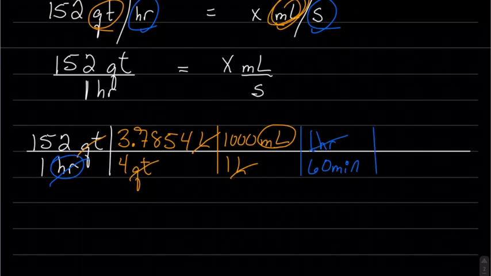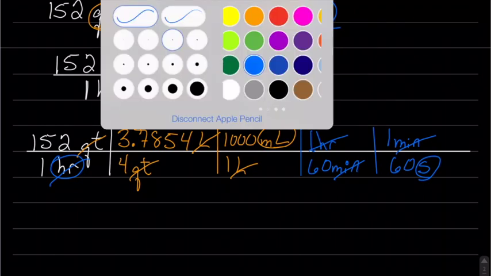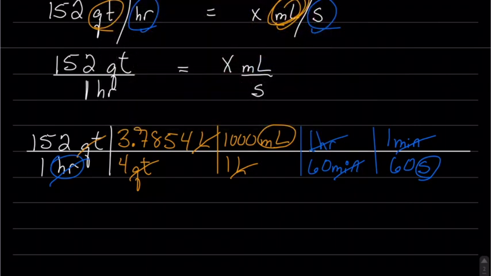I didn't want minutes, I wanted seconds, but I also know 1 minute equals 60 seconds. Minutes cross out. And so I have seconds, which is what I wanted. And if you look, the units we have left over are milliliters per second, which is what we were looking for.